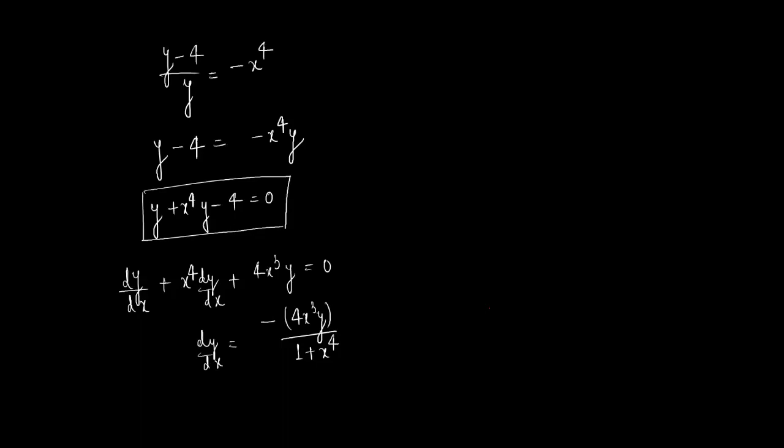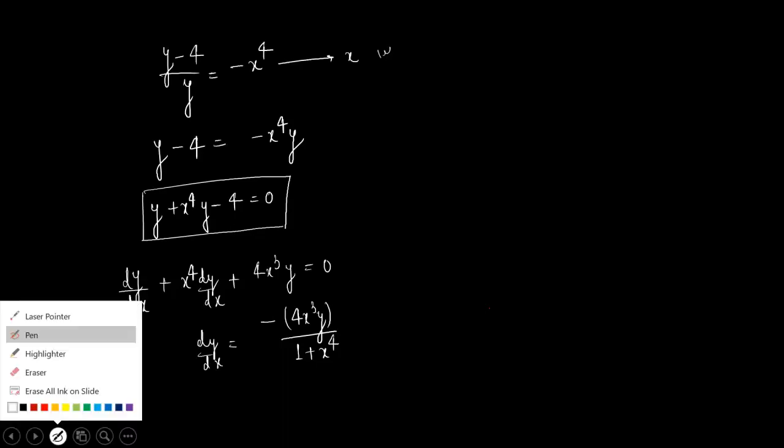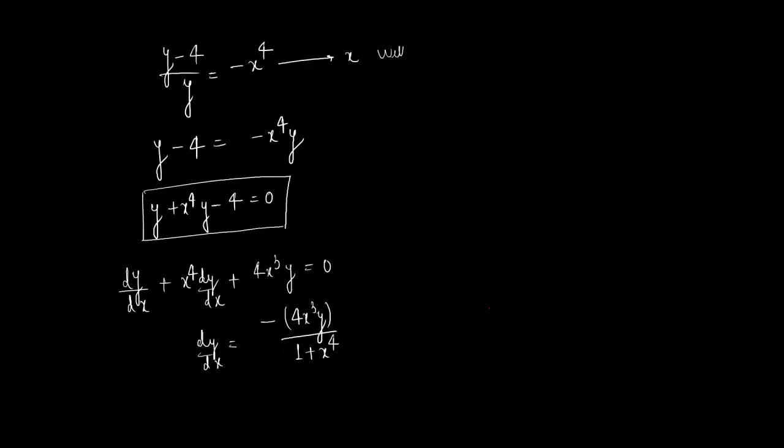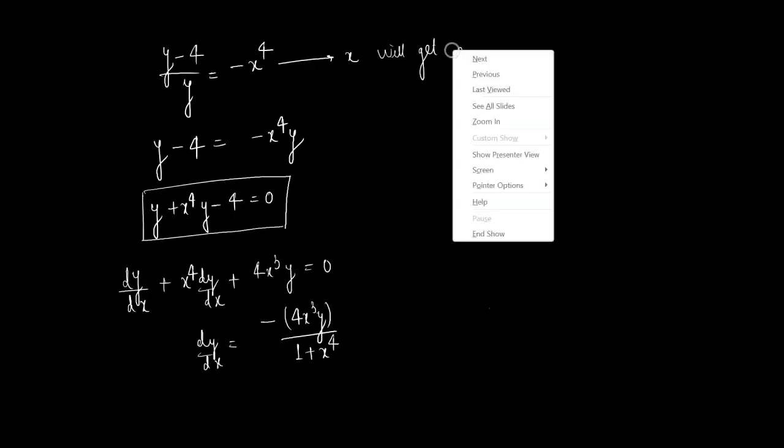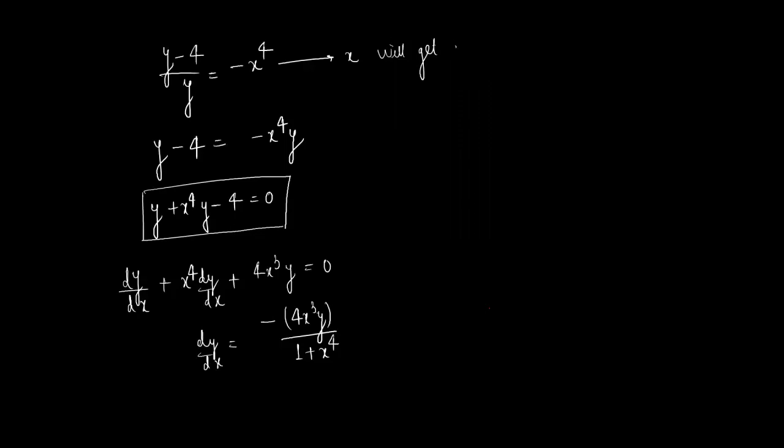So we have to see y only. Can y be 0? No, y cannot be 0. If y is 0, then we can see that here we will get an undefined quantity.